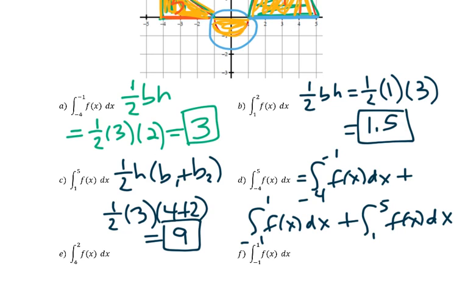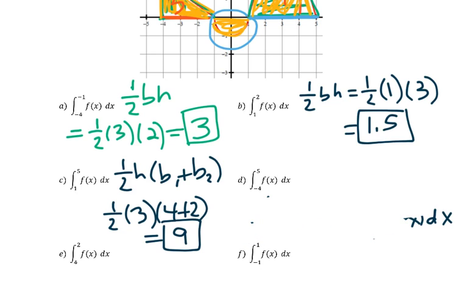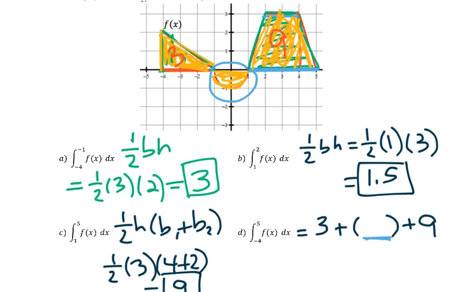So the first thing is, let me erase this so that we can see a little bit more. We know that it's going to be 3 plus whatever that middle part is, plus the area of the last one, which we said was 9. So we're going to try to find what this part is. And if you notice, this is a semicircle.